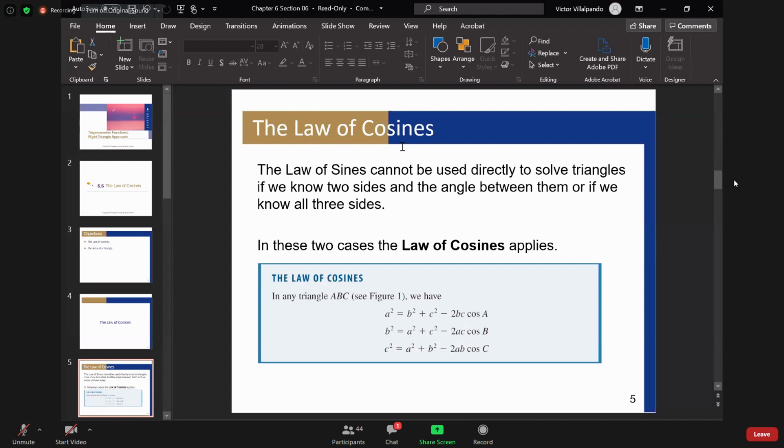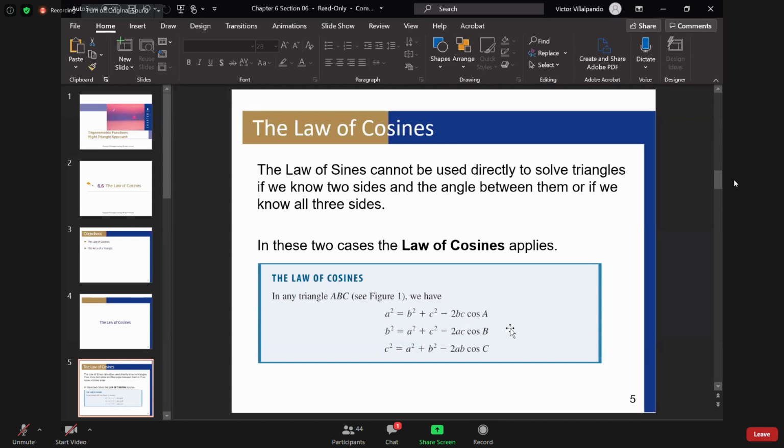Since the law of sines cannot be used directly to solve triangles if we know two sides and the angle between them, or all three sides, the two cases of the law of cosines apply. And then they say for any triangle ABC, we have the following formulas.